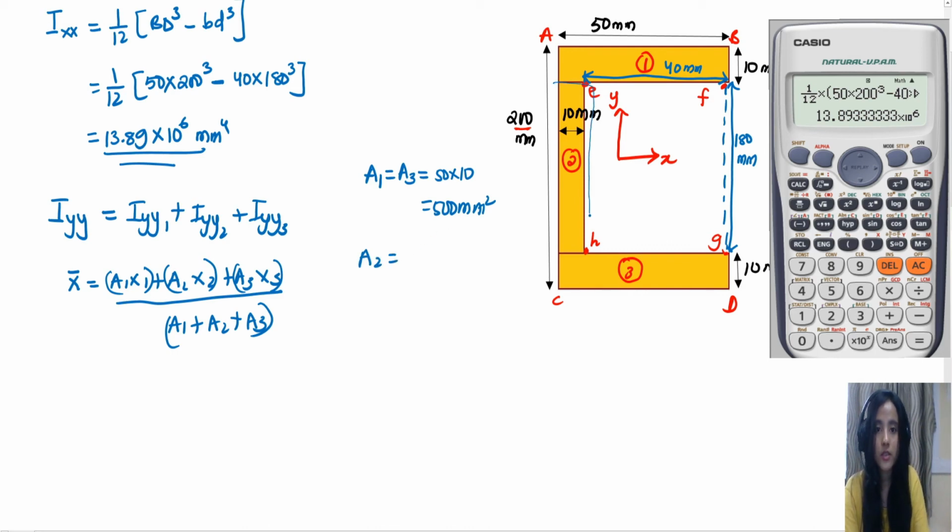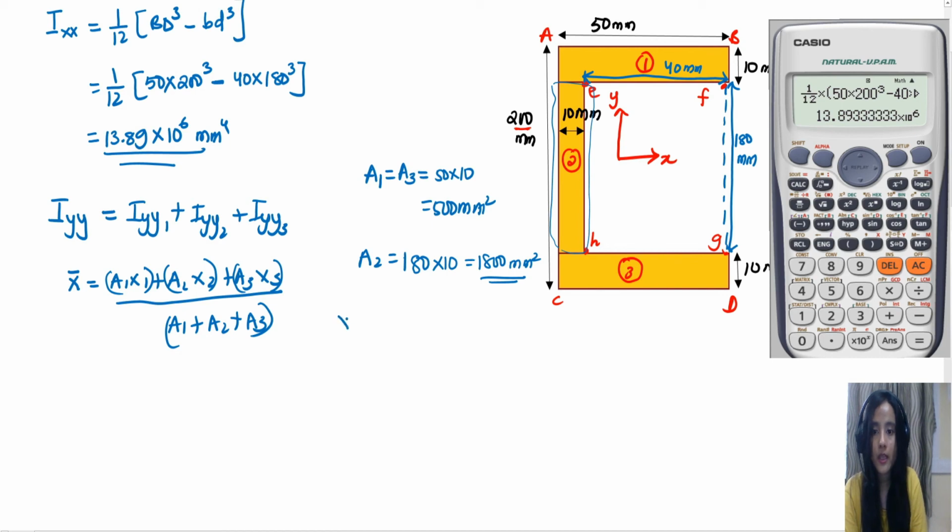I need to take only the area of the a2 section, which is this much. So this will be equal to, its depth is 180 into its width, 10. So this will be equal to 1800 mm square, right?